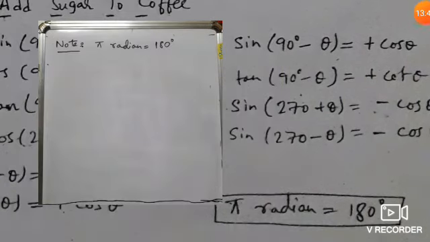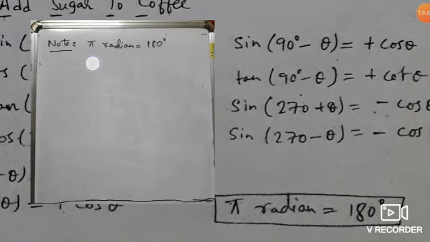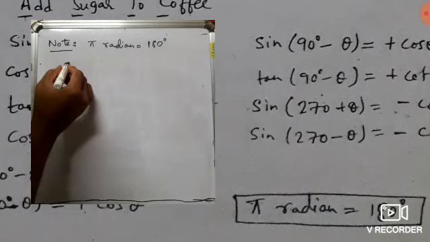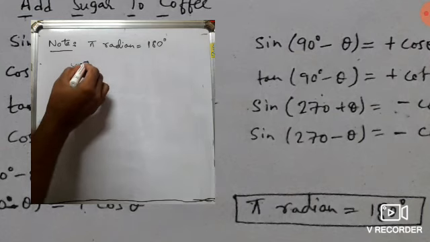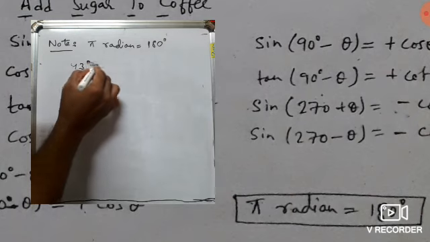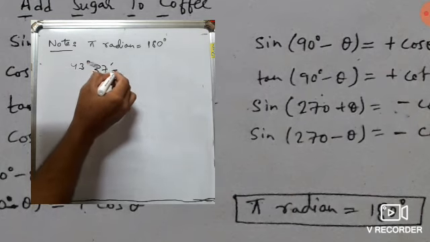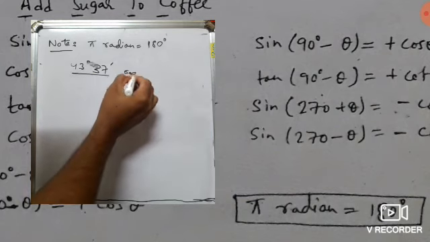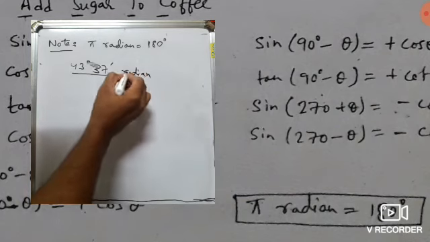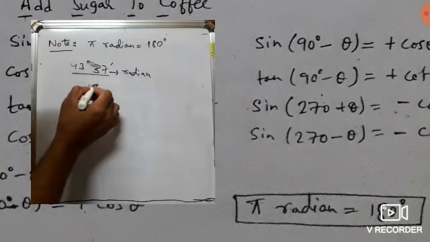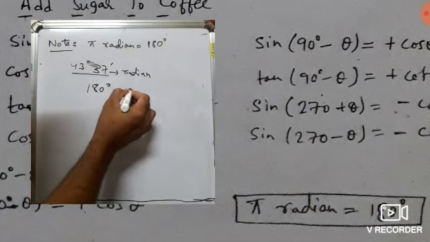Remember the value of pi radian is equal to 180 degree. If you are asked in the question to convert an angle, say 43 degree 37 minute, into radian, from degree to radian, what you have to do? We know that 180 degree is equal to pi radian.